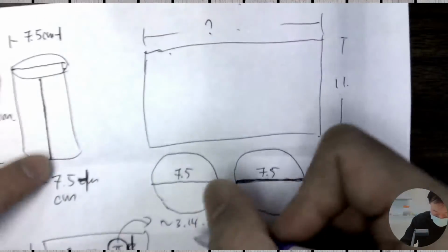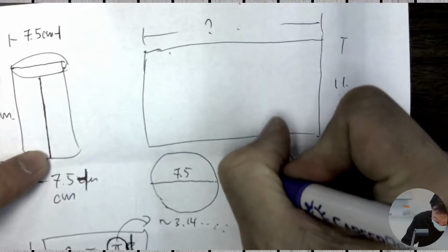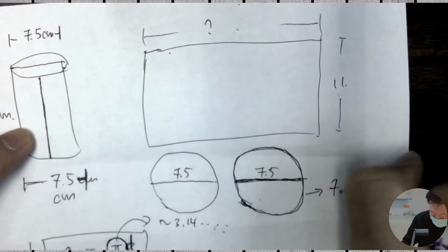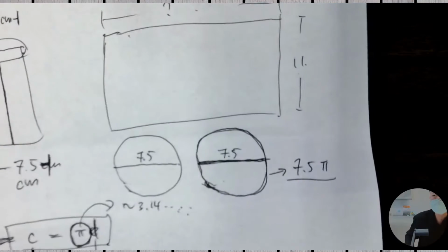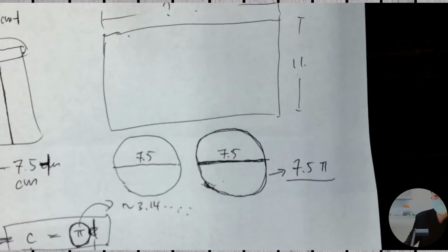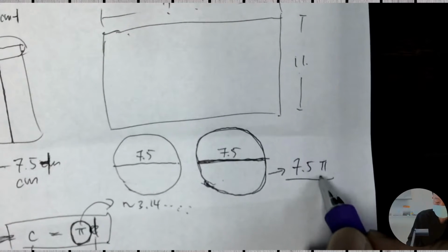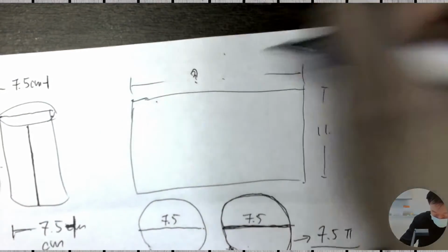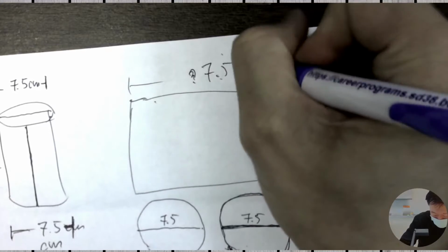I'm going to label this side: over here, the circumference is 7.5 pi. Just leave it as so. Don't multiply this by 3.14 and start rounding it off. Do that towards the end.